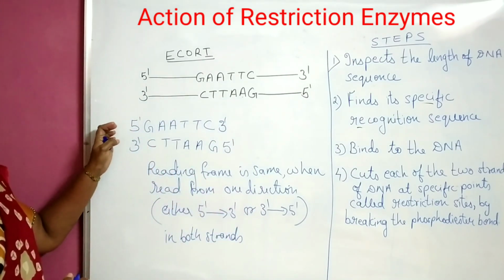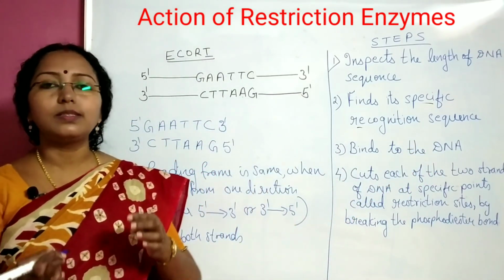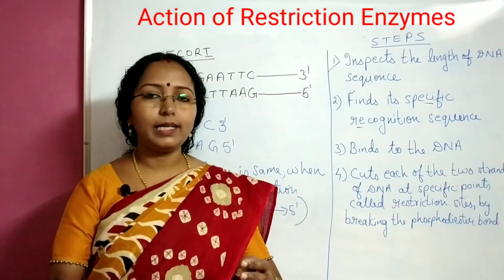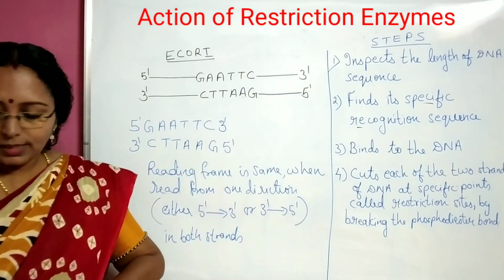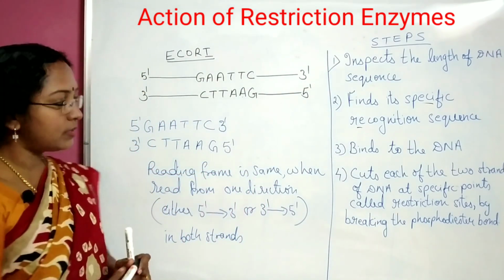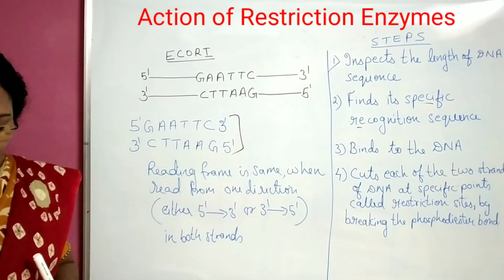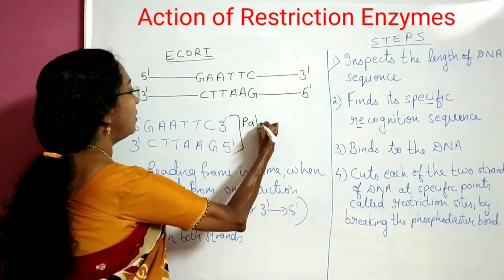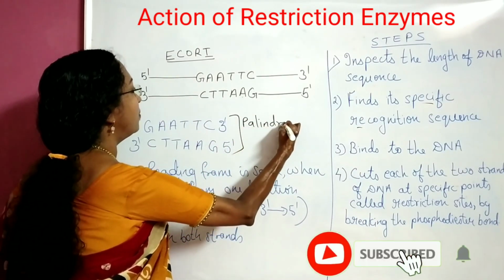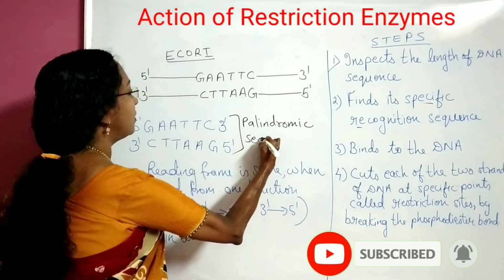Such recognition sequences, whose reading frame is same when read from one direction in both the strands, you call such sequences a palindromic sequence, or a palindrome.